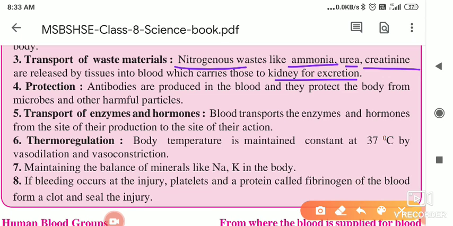These are harmful to the body, so we have to throw them outside, and in transporting this waste material the blood plays a very important role.